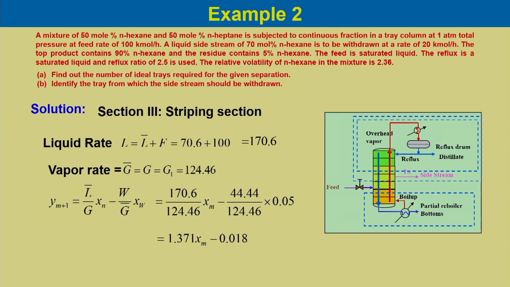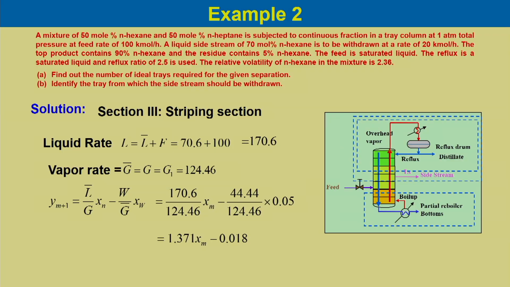Now, for section 3, which is the stripping section, the liquid rate L is equal to L bar plus F. So, L bar is 70.6 plus feed is 100 kilomole per hour. So, it would be 170.6 kilomole per hour, the liquid rate.